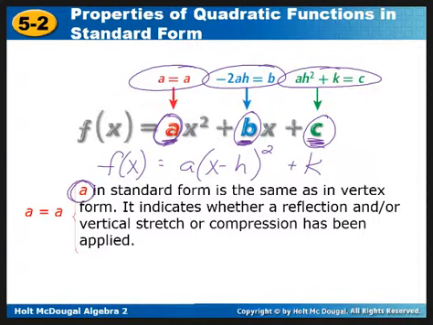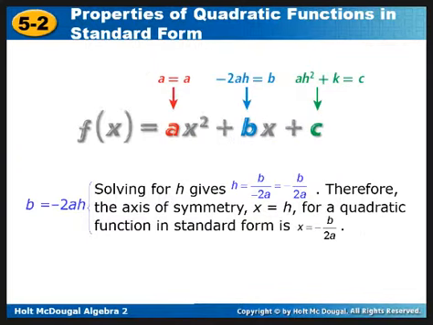Now B and C are a little bit different, and this basically talks about the fact that B comes from dealing with your H and your A in the vertex form of the equation. What you're really going to want to get out of this slide is that if something is in standard form, it's not going to be as easy to find the axis of symmetry as it was when you were in vertex form.